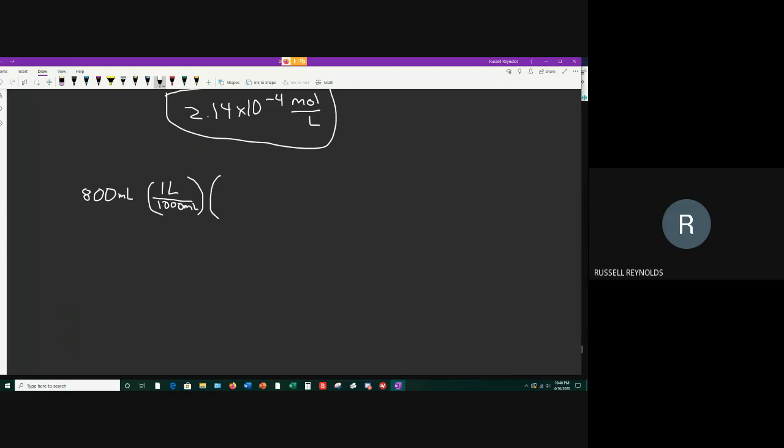And then that's when you'll bring in this number. So you'll bring in this number in the second step of the stoichiometry. So we'll have 2.14 times 10 to the negative 4 moles over 1 liter.